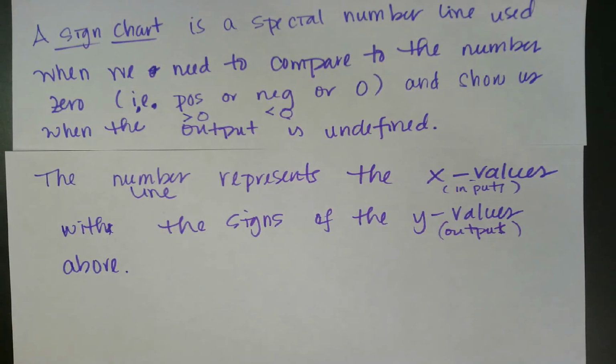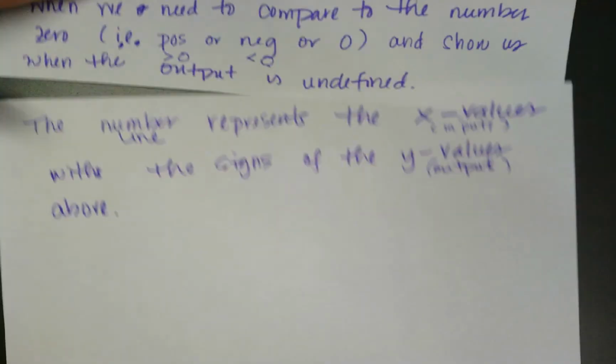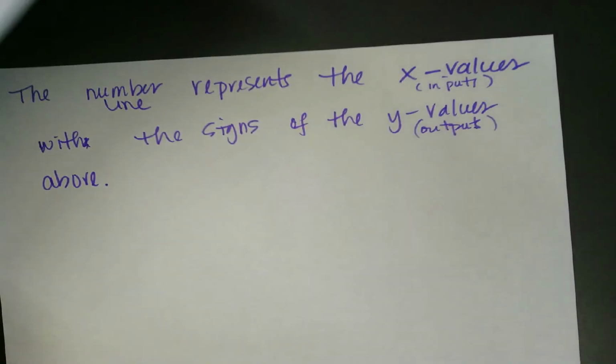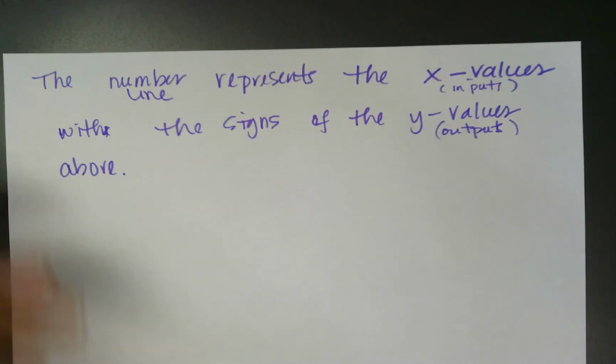Alright, so that was my longer version of what I should have done of an explanation of a number line or a sign chart. But it's not going away, so I need to make sure you guys are cool. Alright, so now let's do an example. Solve.